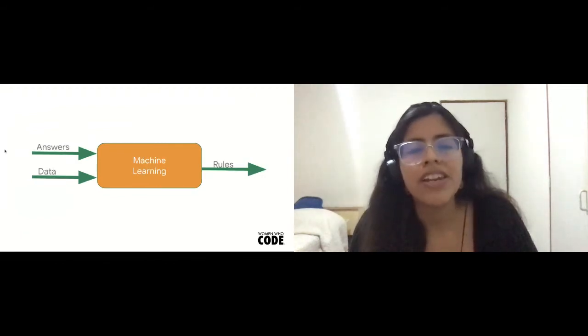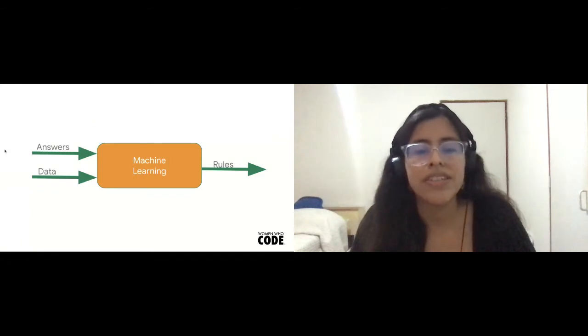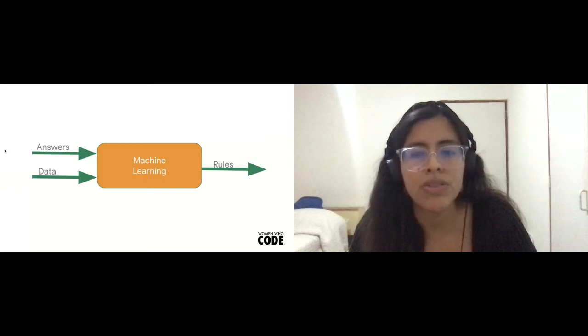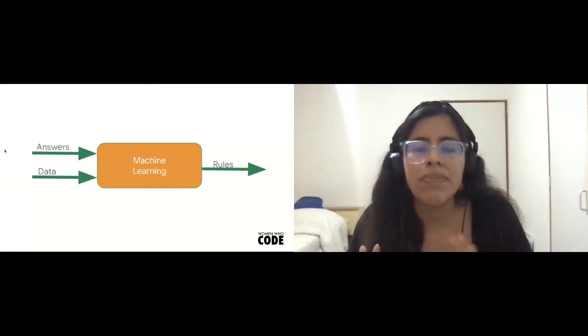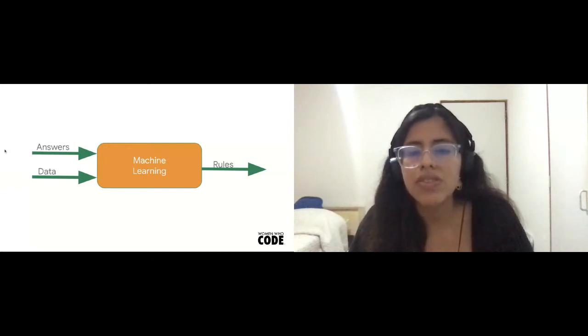And what about machine learning? We use the answers and data, but the output that machine learning gives is the rules. That is the paradigm of machine learning. We use the answers and data and give rules to predict or classify some information like text, audio, videos, anything you use.